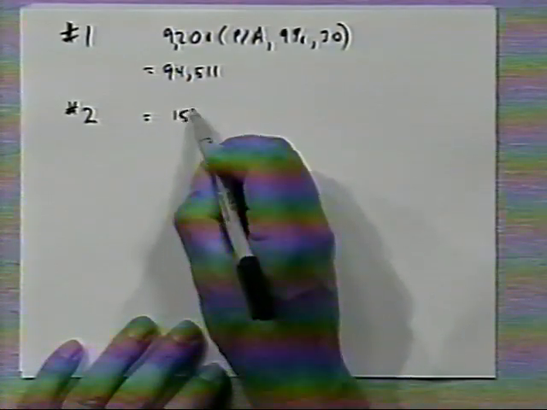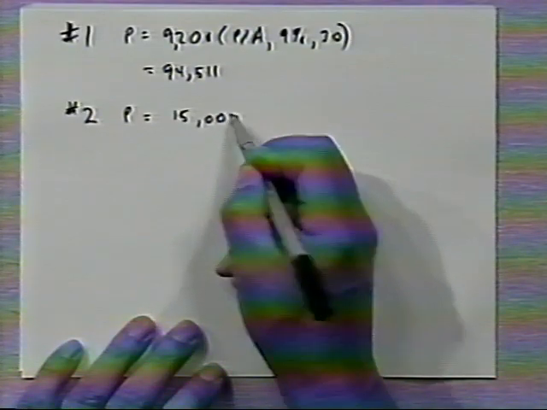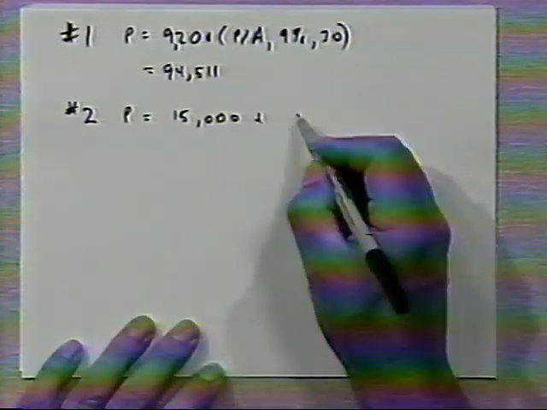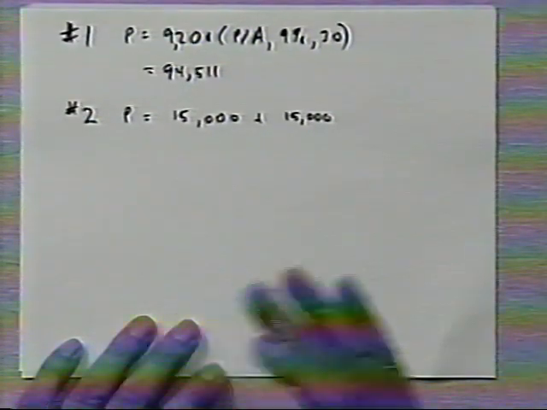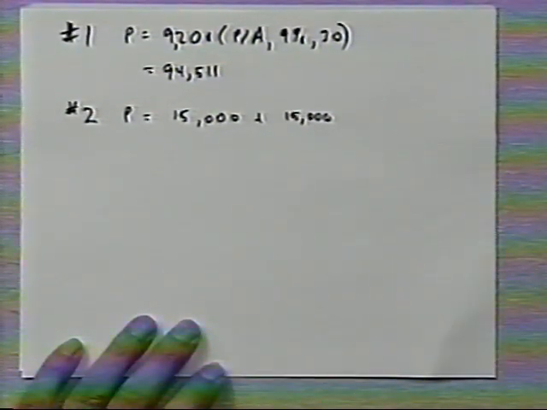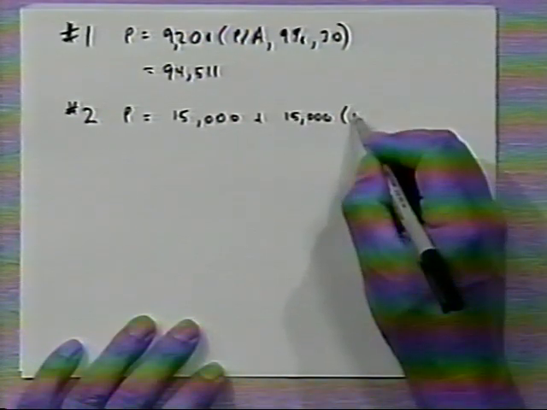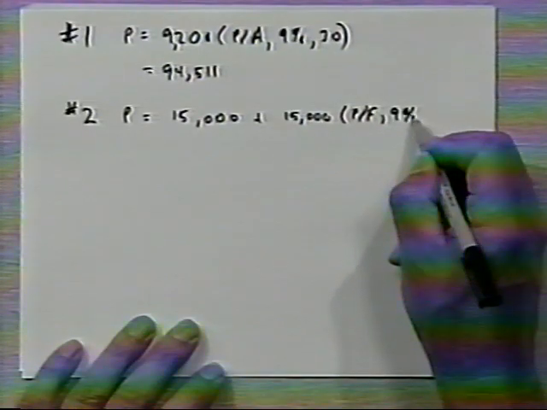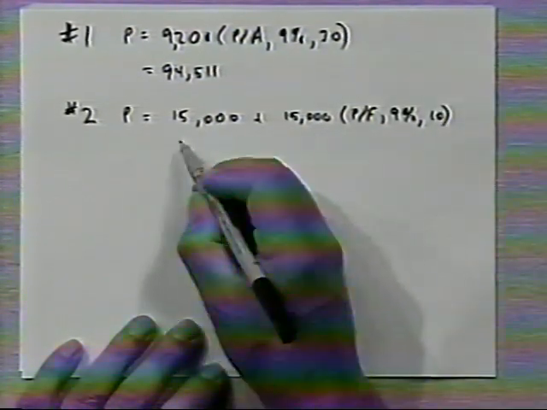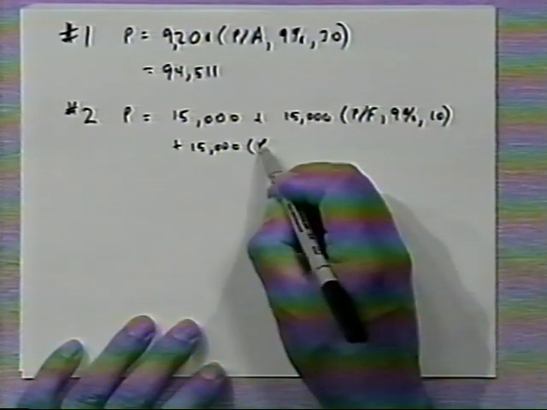For alternative number 2, we've got a $15,000 first cost today, plus a $15,000 first cost, but spent 10 years from now. So we have to bring that back to present worth from a future worth at 9% over the 10 years, plus the $15,000 spent 20 years from now.